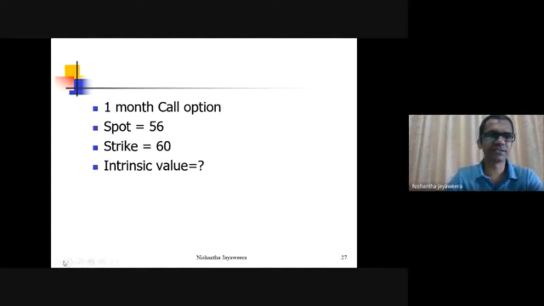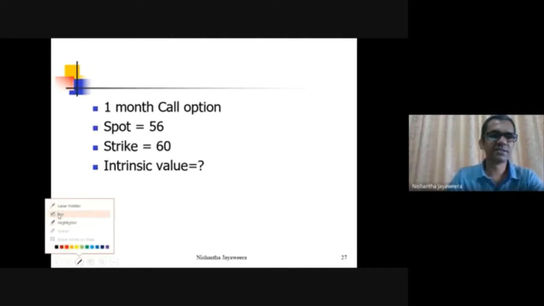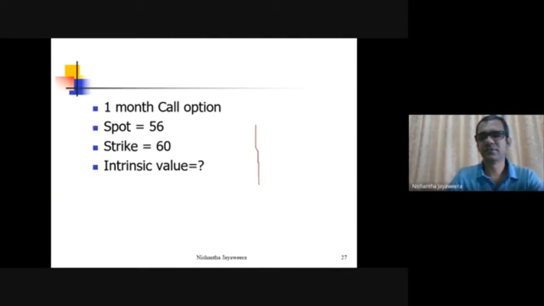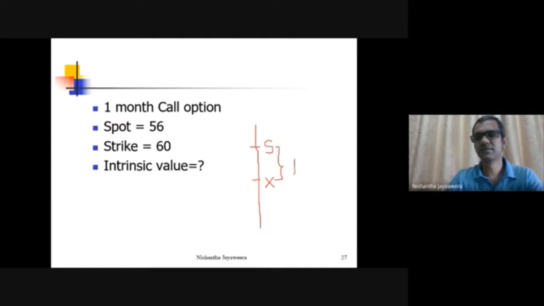Then only you exercise, the buyer would exercise the buyer's right. This is the exercise price. This is the spot price. Then only you have a positive intrinsic value.